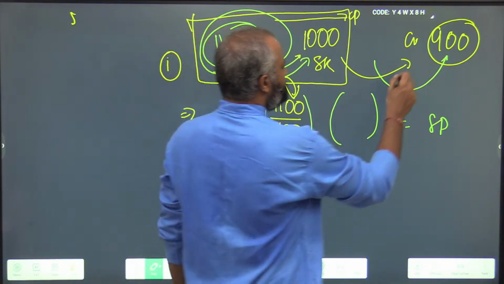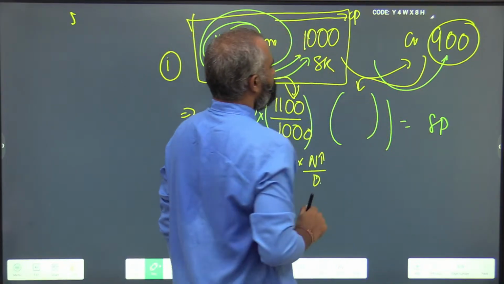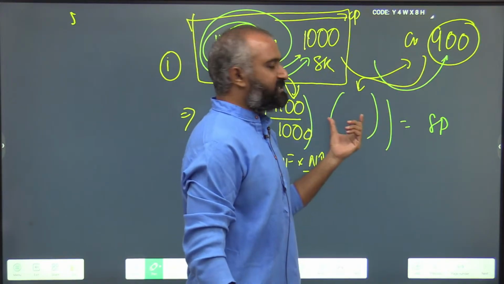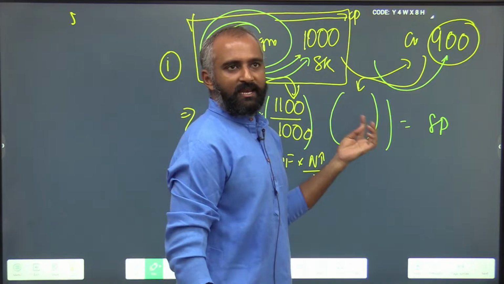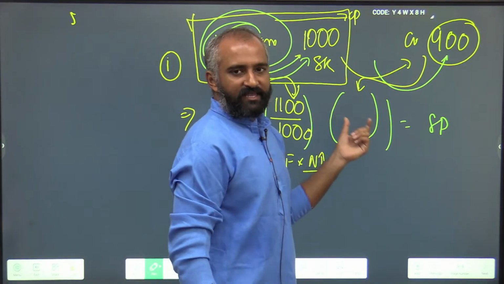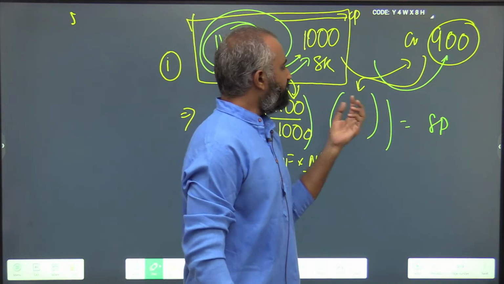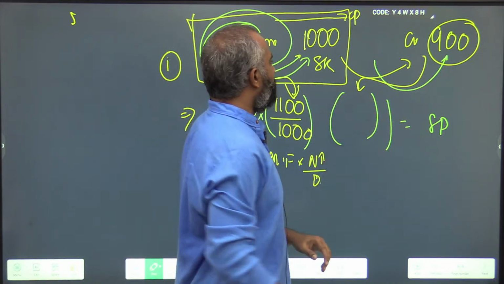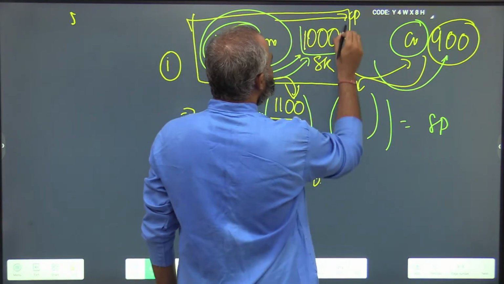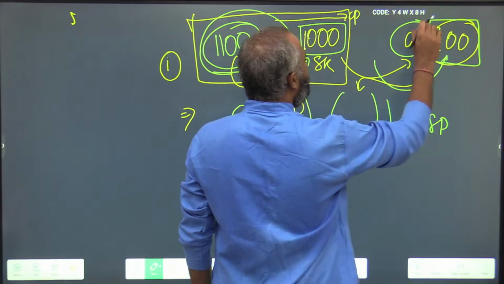Now do the same with this. Because of this cheating, he is still gaining some profit, right? So the multiplication factor that we put here should be greater than 1. And see the variables involved: 1000 is on one side, 900 is on another side.